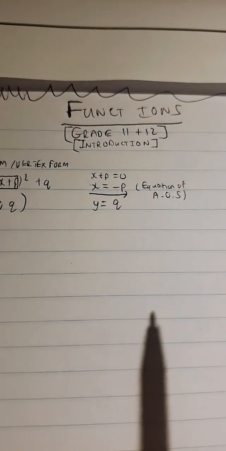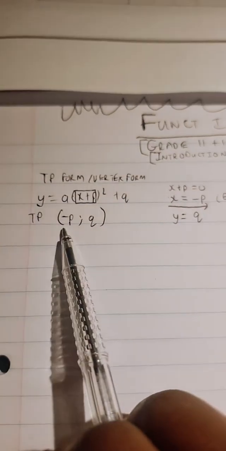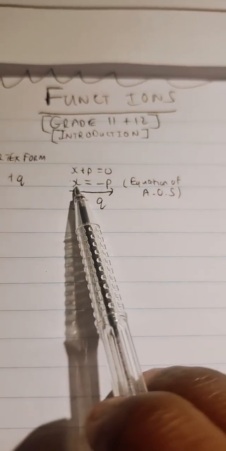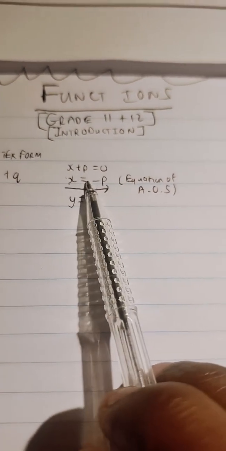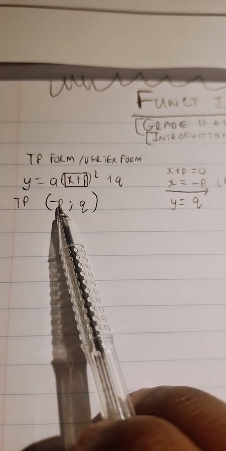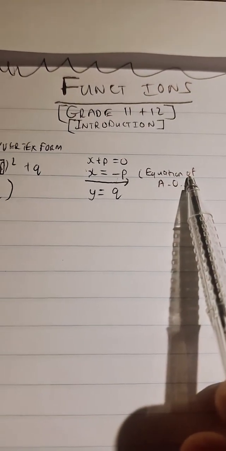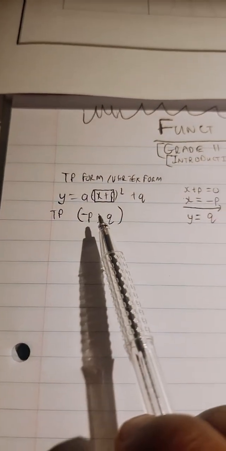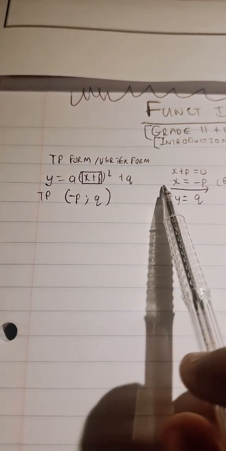Hence I was saying to you guys, this x coordinate coincides with the axis of symmetry, because once you put x and equate with the x coordinate of the turning point, you have the equation of the axis of symmetry. That's why I was saying one vertical axis of symmetry for your parabola.